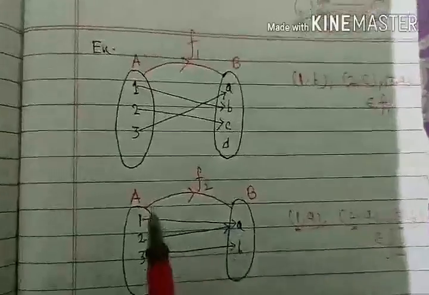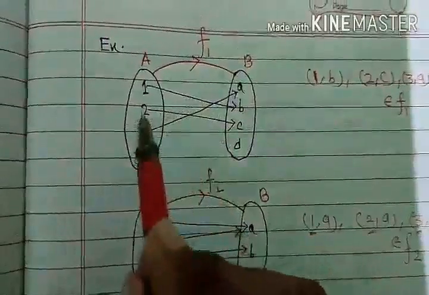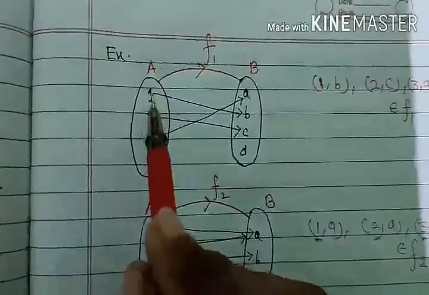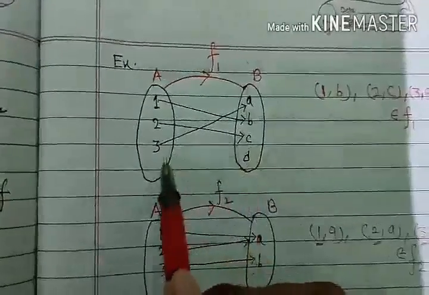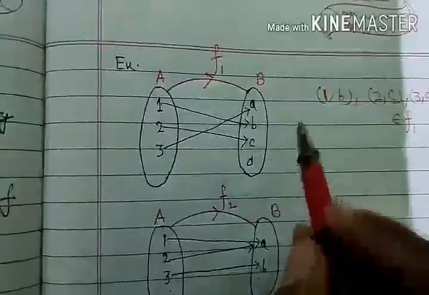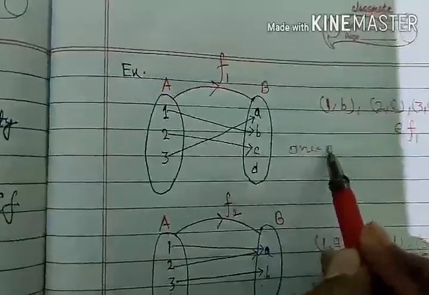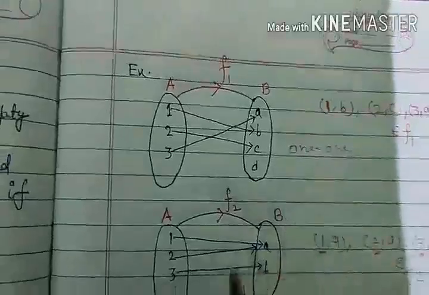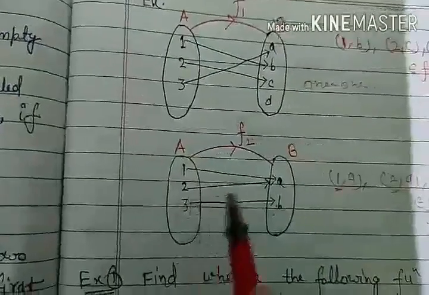And here we are learning about one-one function. Here you can see that 1 is mapped on one element, 2 on one element, 3 on one element. So this is a one-one function. But here 1 is mapped on a and 2 is mapped on a.